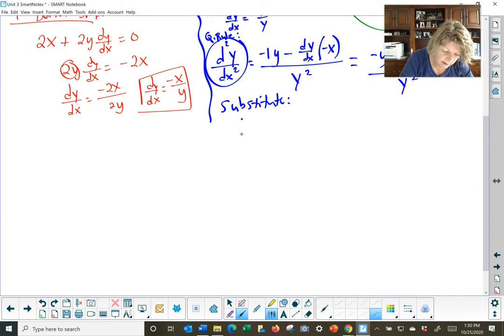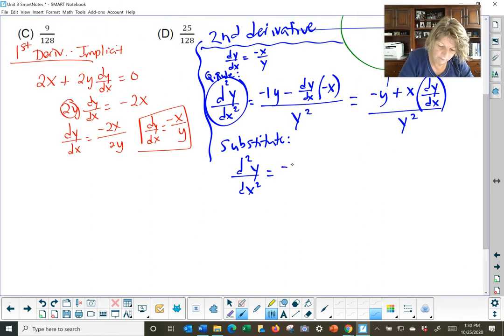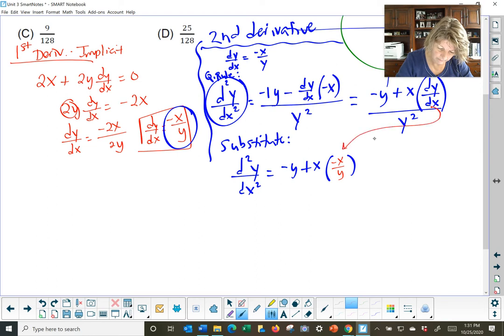So I'm going to have d squared y over dx squared, which means second derivative. Negative y plus x times, I'm going to substitute in, let's put it in red. You grab a different color and show that substitution. So there's a sub, and it's all over y squared.